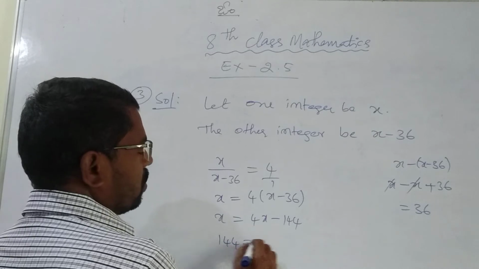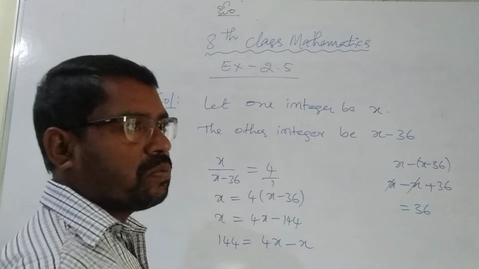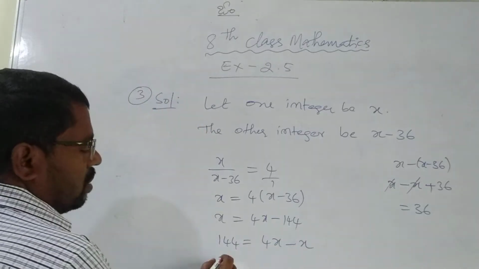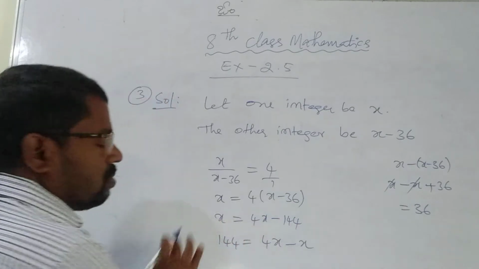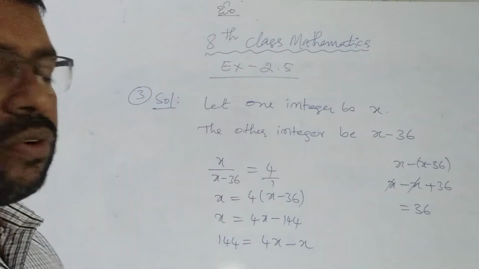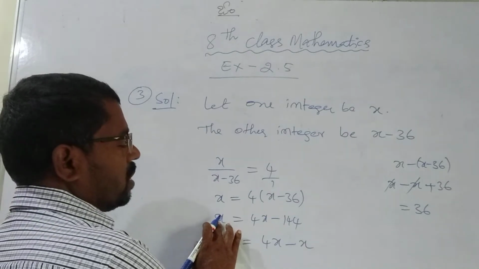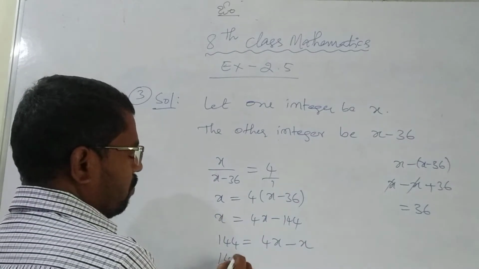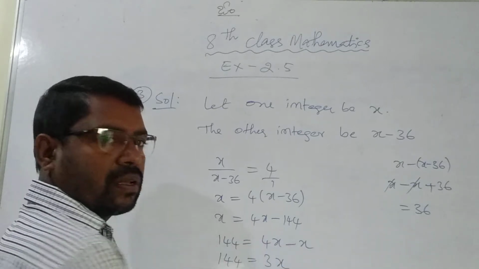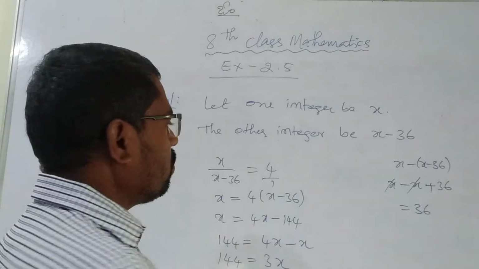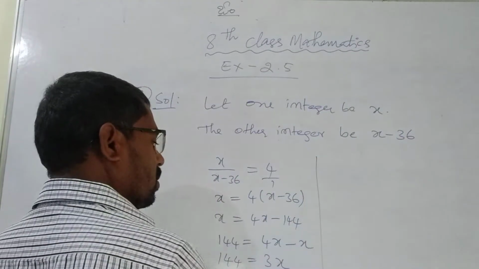So I want to write like this: 144 is equal to 4x as it is. This x you can shift to the other side and transpose it, you are getting minus. So minus 144 you take from the right hand side to the left hand side, it becomes 144. And 4x as it is, I want to transpose x to this side. 144 is equal to 4x minus x, which is 3x. Now you can find the value of x.